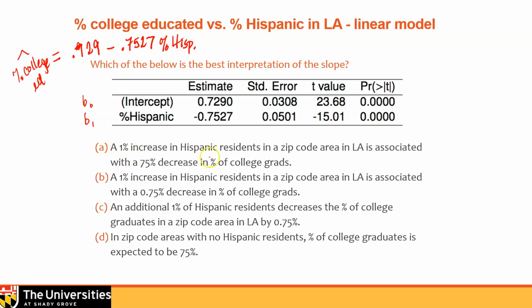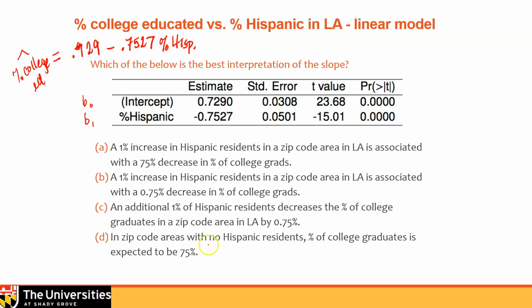So a 1% increase in Hispanic residents in a zip code area is associated with a decrease in grads. An additional 1% decreases the percent of college grads in a zip code area by 0.075%.